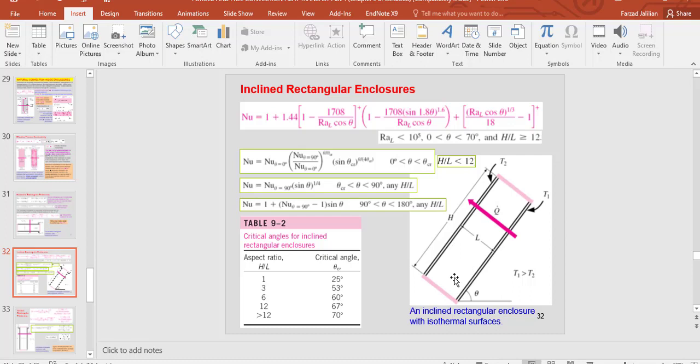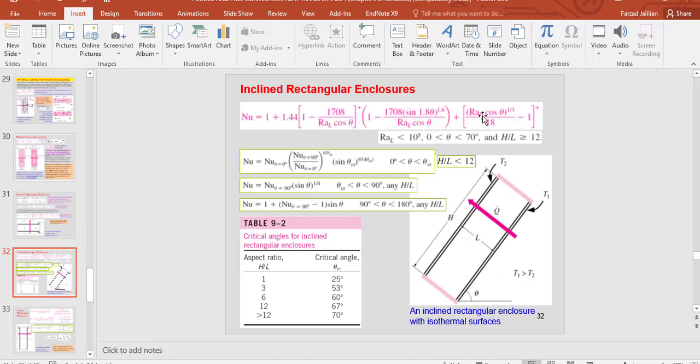As you can see here, H is in this direction, or normal to the heat transfer direction actually, and L is the distance between two surfaces with different temperature, or parallel to the heat transfer direction, the convection heat transfer direction.